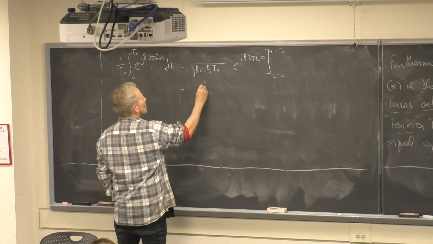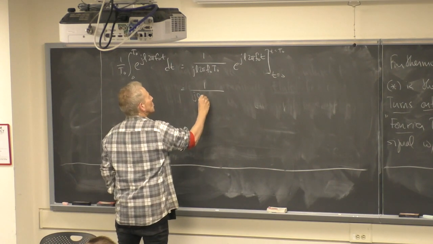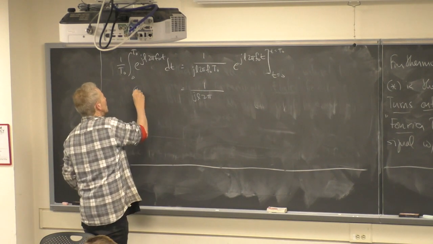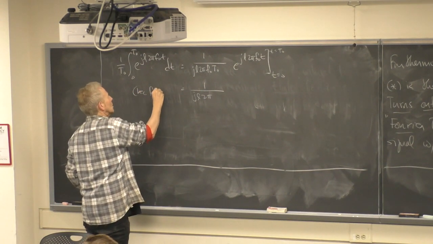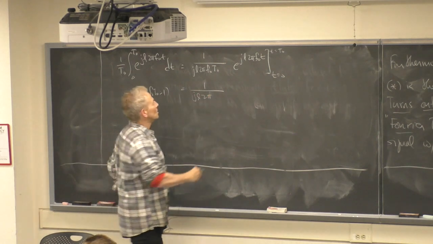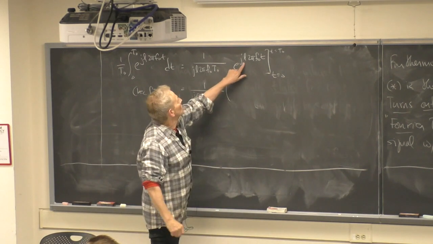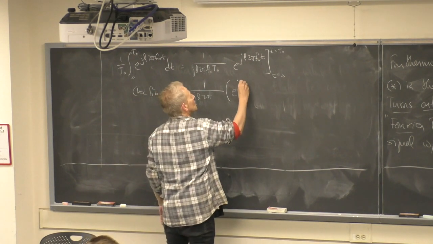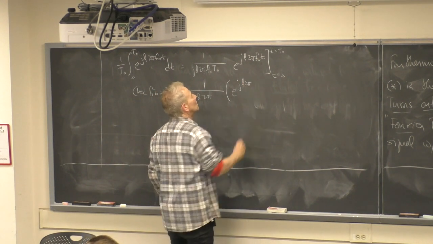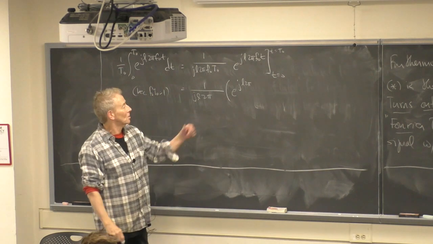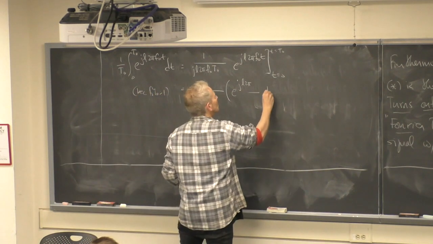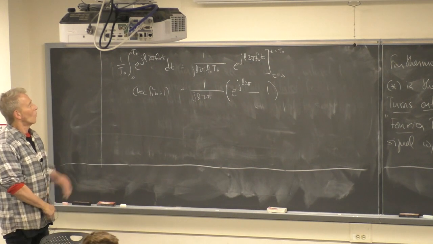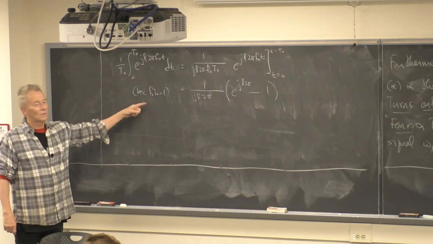And that becomes 1 over j L 2 pi, and by the way, f0 t0 is equal to 1, times e to the j L 2 pi f0 t0, which is just j L 2 pi in the exponent because f0 t0 is 1, minus 1. Why is that equal to 0?